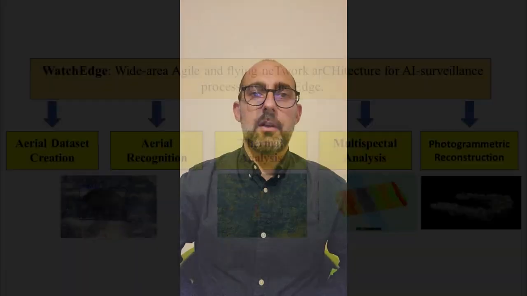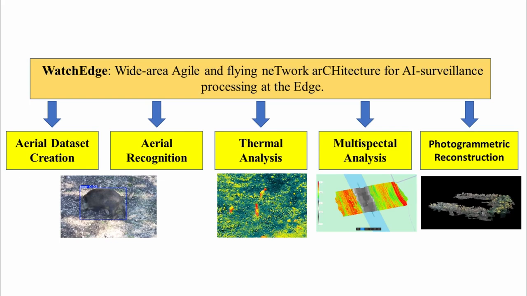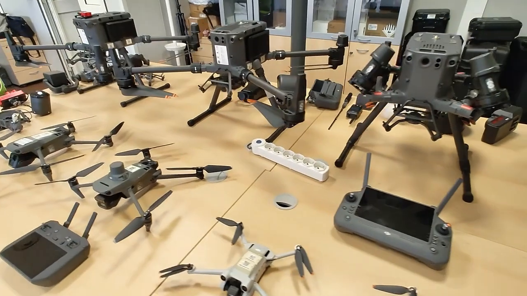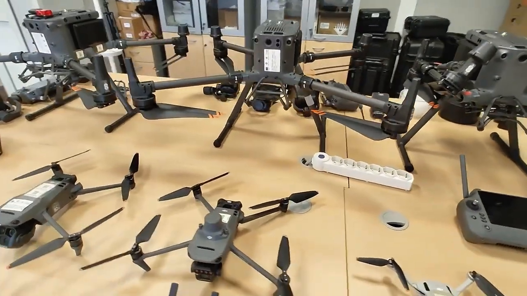To achieve this, the activities of our group within the project can be summarized in 5 points: automatic creation of aerial dataset and subsequent aerial recognition of animals and plants, thermal analysis, multispectral analysis and photogrammetric reconstruction. To carry out these activities, we used a fleet of UAVs available in our laboratory.